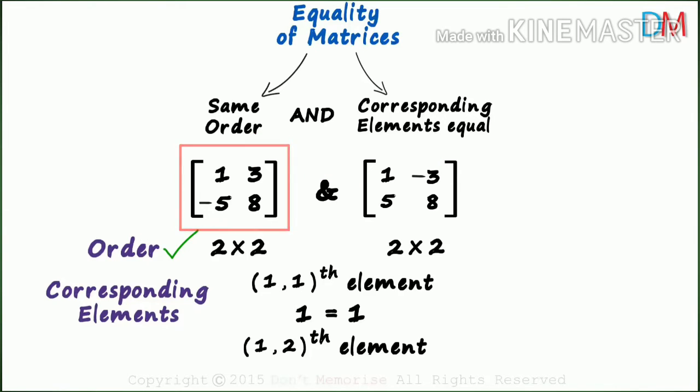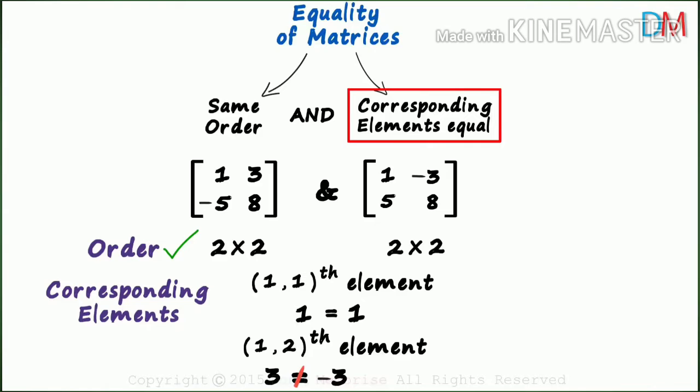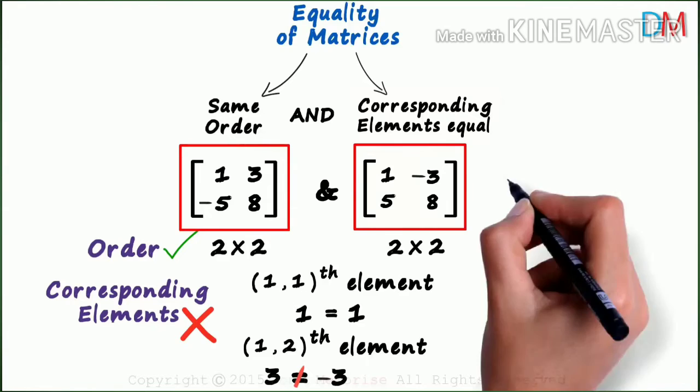That element of the first matrix is 3, and in the second matrix, it's -3. They are not equal. Remember, the condition says that all corresponding elements must be equal. So the second condition is not satisfied. These two matrices are not equal.